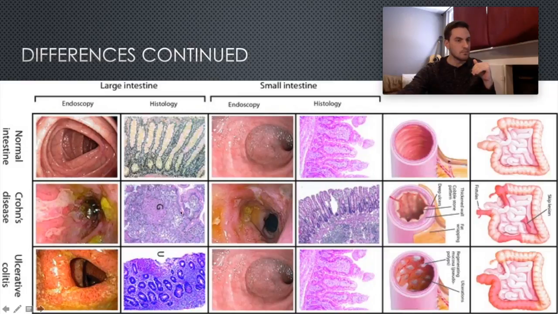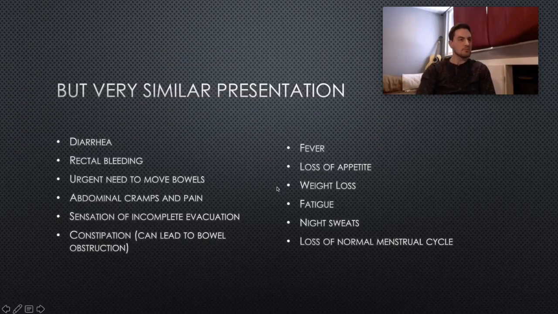The cells look messed up. In this diagram, you see here that it goes deep through all the layers, and it skips around throughout your GI tract. And then down here you have the ulcerative colitis, and it's continuous, starting in the rectum, moving up. It only affects this top layer here, and this is what the cells look like under a microscope, and then finally you see the colonoscopy picture of it.